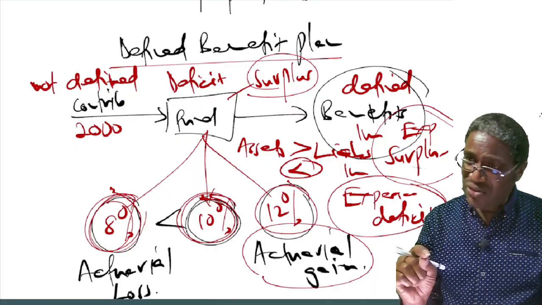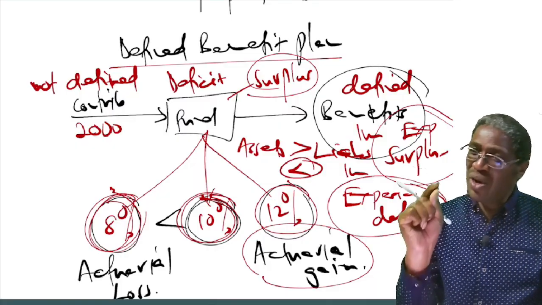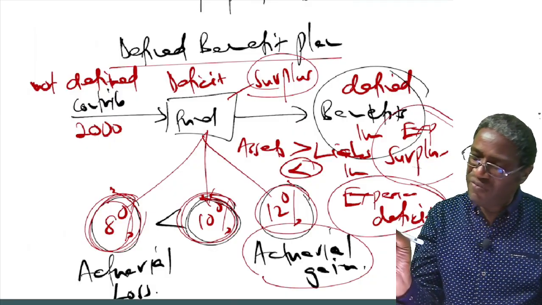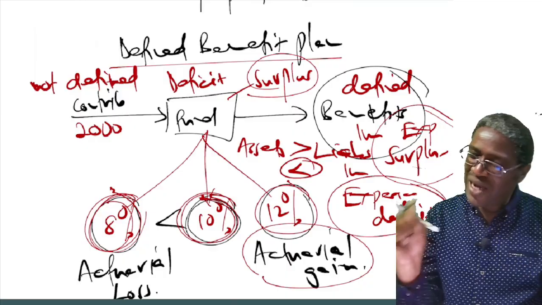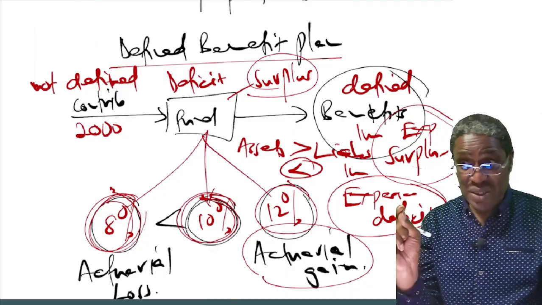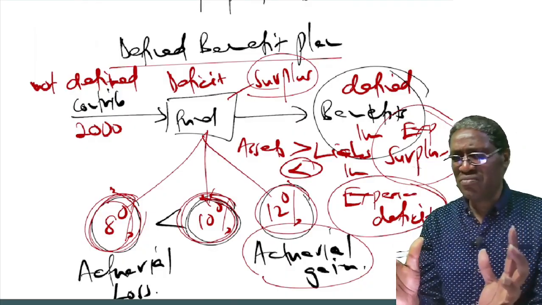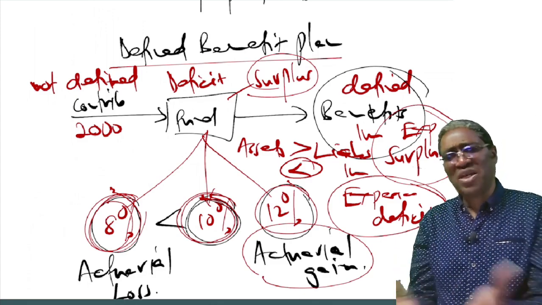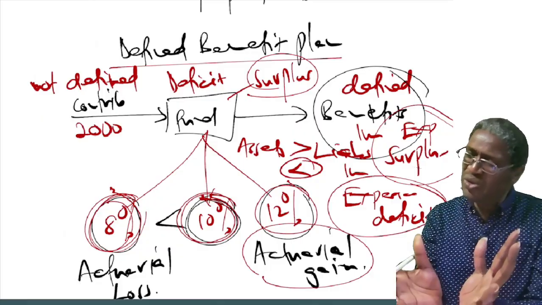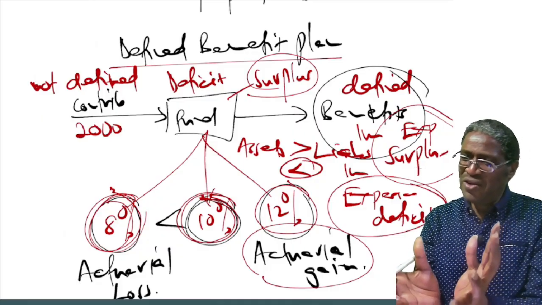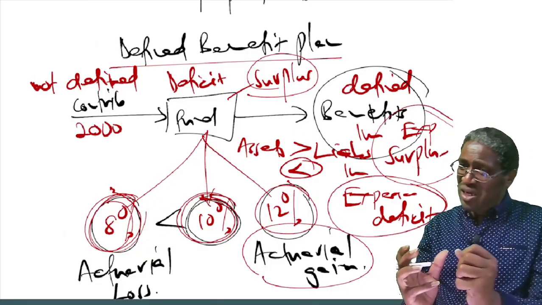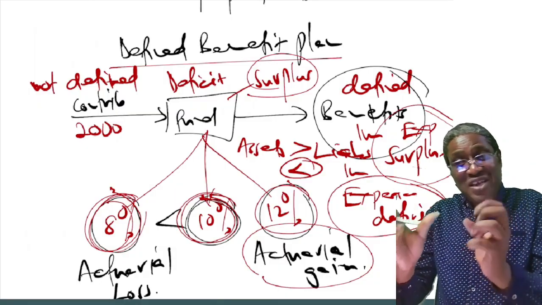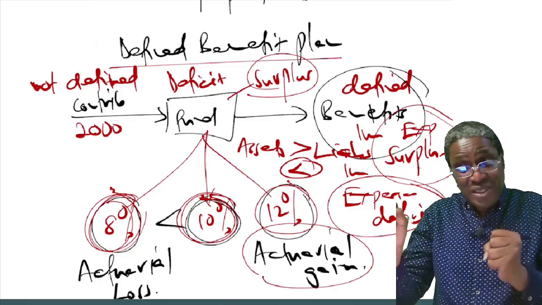Then I say what's an experience surplus, where assets of the fund are more than the liabilities of the fund. That gives rise to an experience surplus. But the effect is the same. What brought a surplus is because we were earning at a higher rate than we had projected. That made our fund have a surplus. Okay? So actual gain and experience surplus are the same, but the definition is what is separating them.